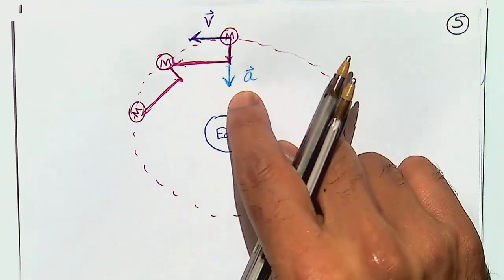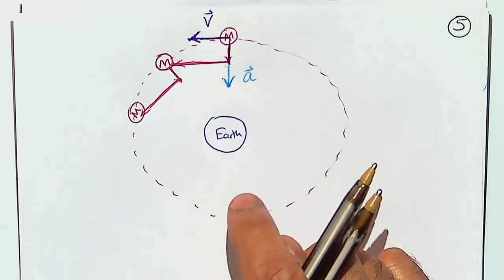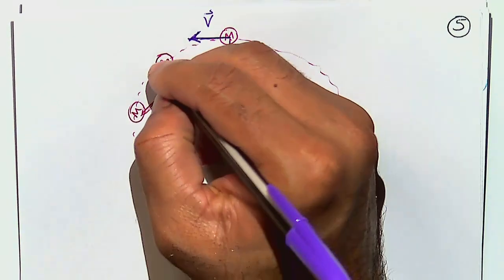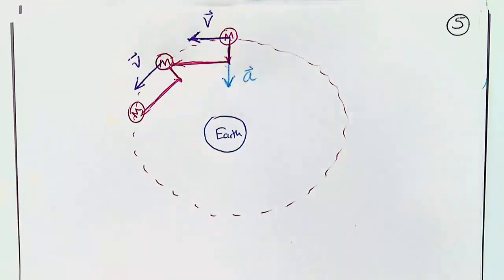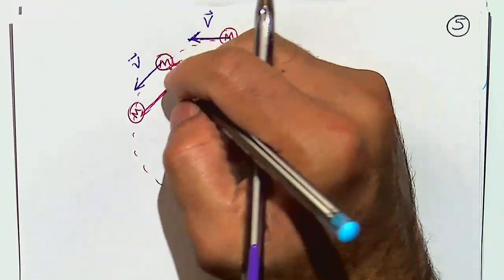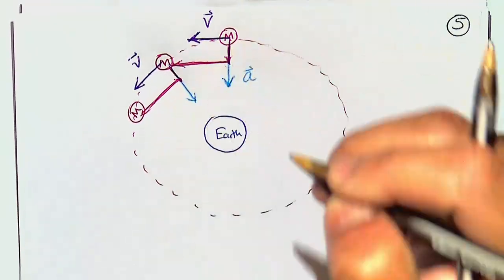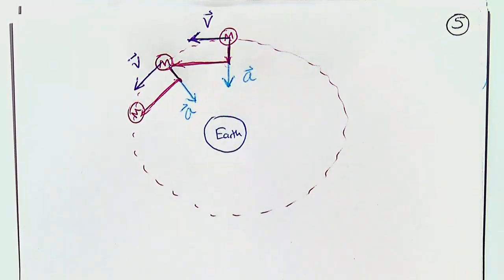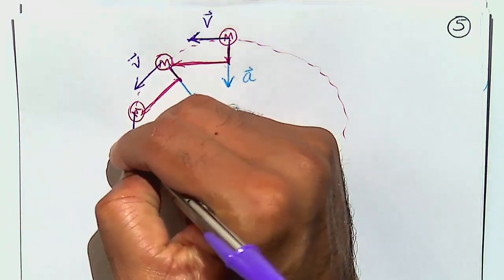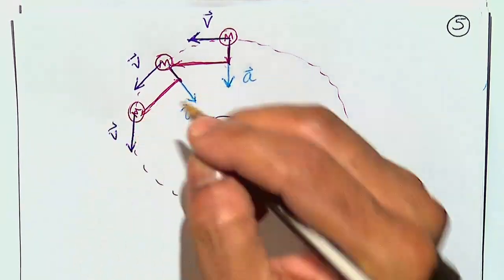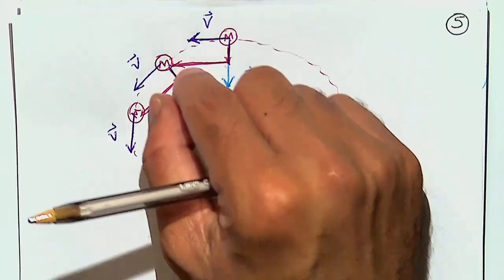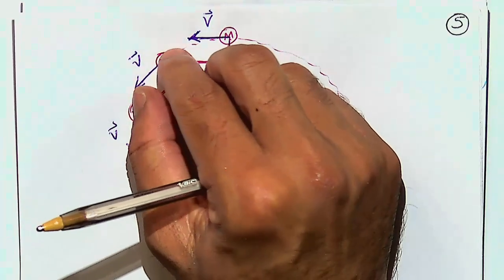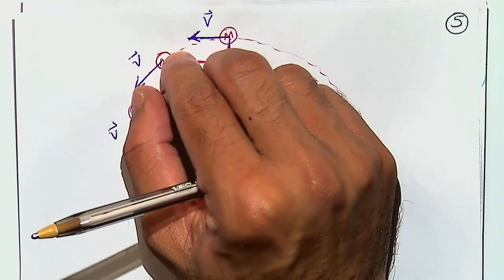Because it's 90 degrees to the velocity, this acceleration serves to rotate the velocity. The acceleration is always towards the center of the Earth, but the effect is to make the velocity vector turn around. If it's going in a circle, just to simplify, the velocity vector's magnitude doesn't change.